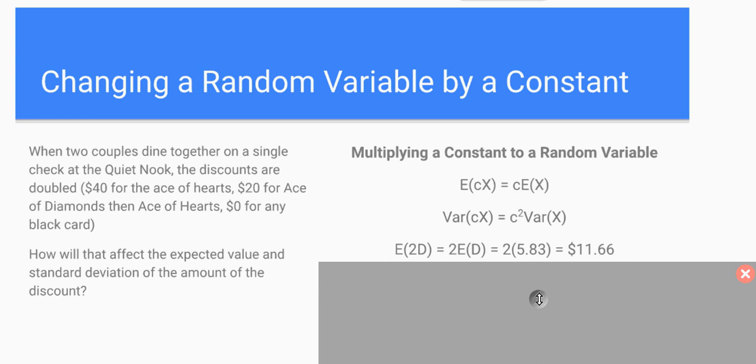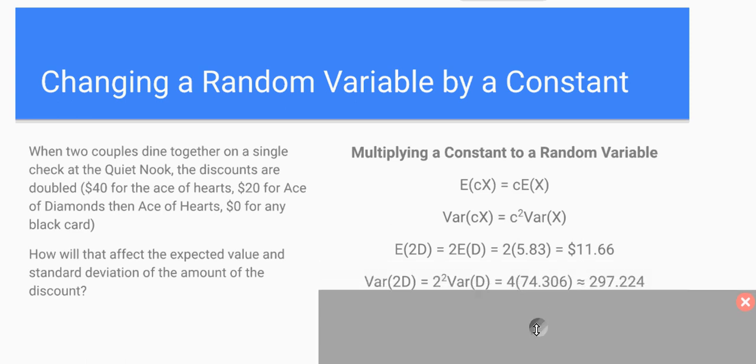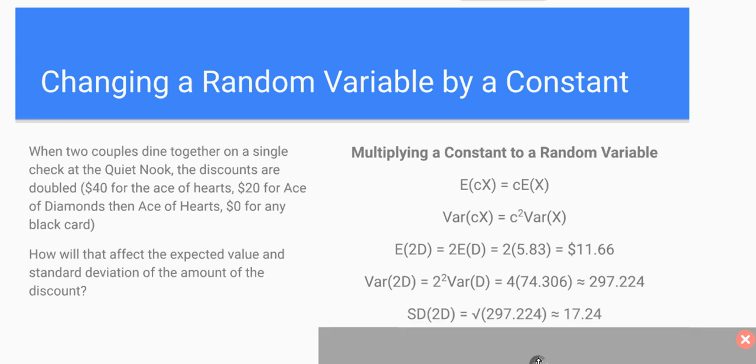The variance, however, would be 4 times 74.306, which was the original variance we took a couple slides ago, I guess, or previous slide. So now the variance is $297.22 or whatever, out to 3 decimals, which would make the standard deviation now 17.24.